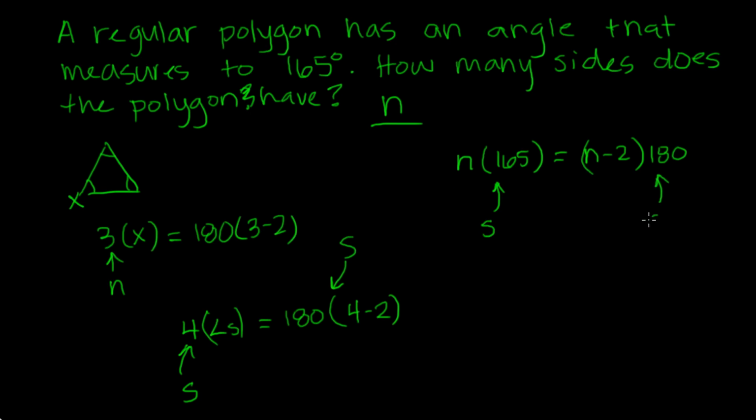So this right here is another equation for s. If we know that all the angles are the same, multiplying each angle by the number of sides in the shape should give us all the angles added together. The same thing is true about this equation: the number of sides minus 2 times 180 provides the same thing. So we're going to go ahead and solve this.